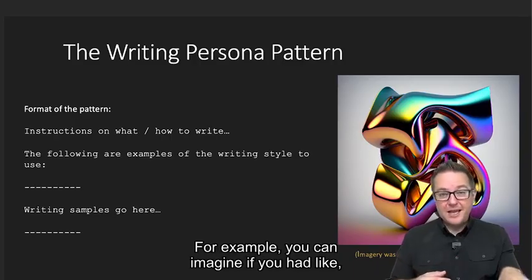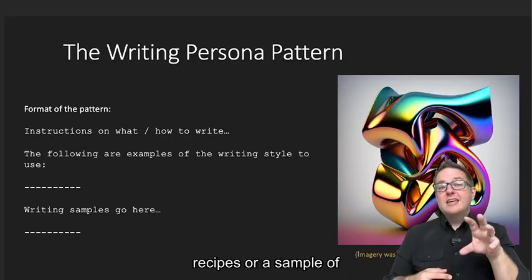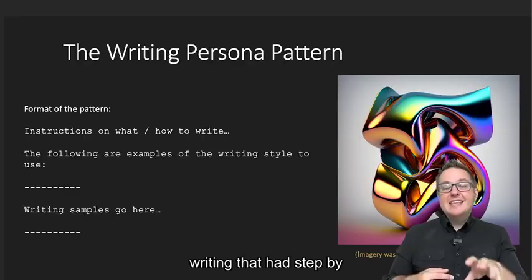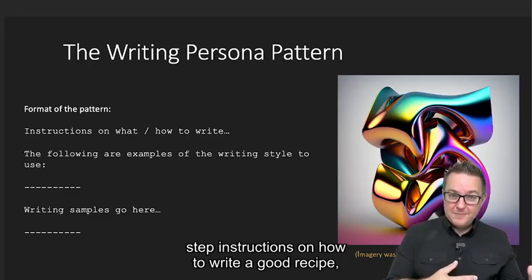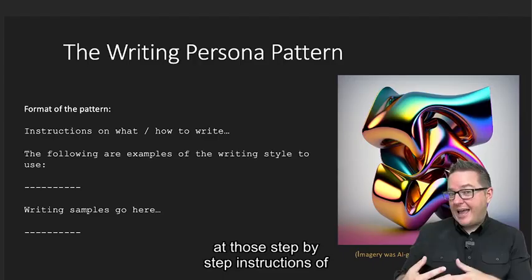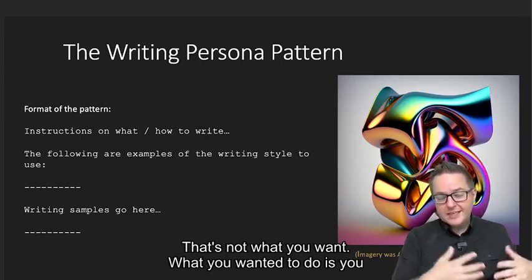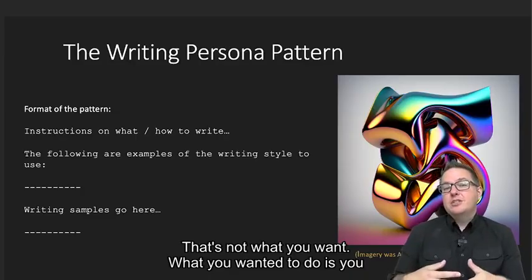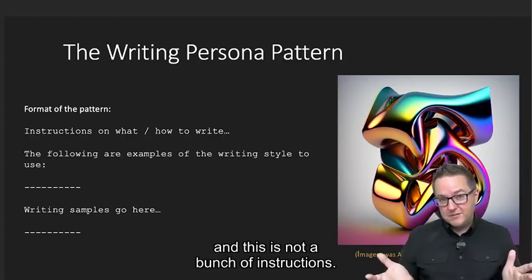So for example, you can imagine if you had recipes or a sample of writing that had step-by-step instructions on how to write a good recipe, it might suddenly look at those step-by-step instructions and then start trying to write a recipe for you. And that's not what you want. What you want it to do is understand that this is samples of the writing and not a bunch of instructions.